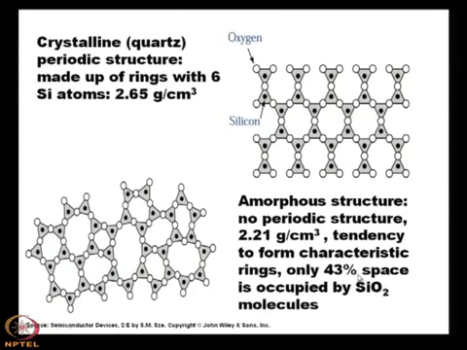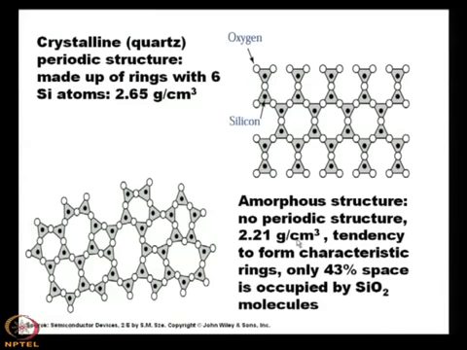So, only 43% of the space is occupied by SiO2 molecules and 57% is not occupied. So there are many void spaces available in this kind of structure, and predictably the density is 2.21 grams per centimeter cube.